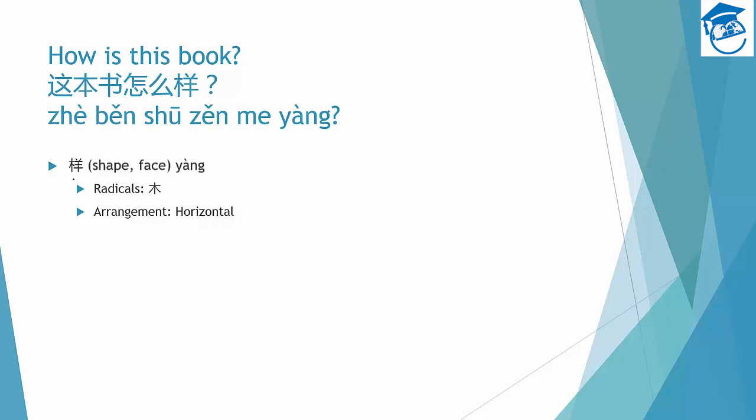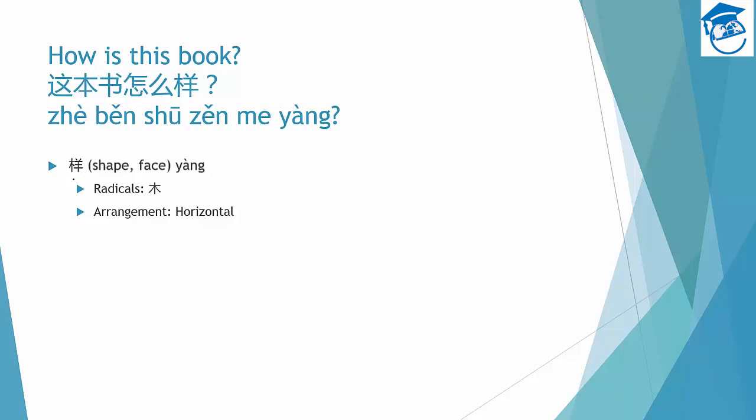So the answer can be 这本书很好看, 这本书不好看 for example. So that is why the question word how 怎么样 is placed at the back. It's because the question word always replaces where the answer is.